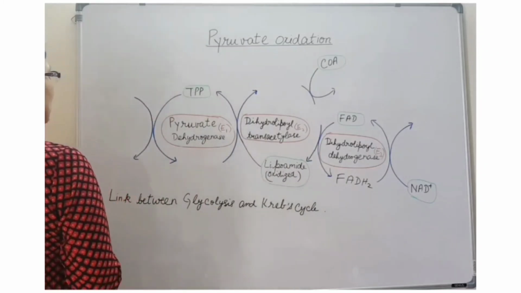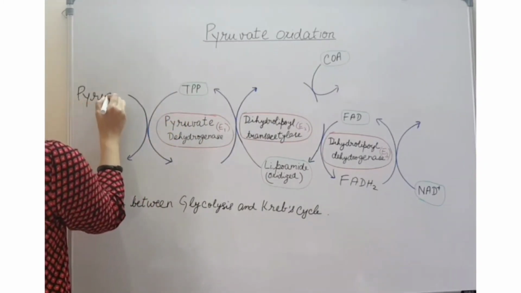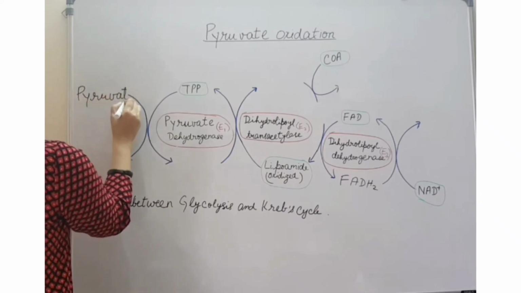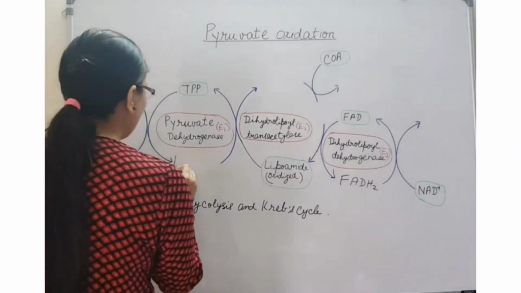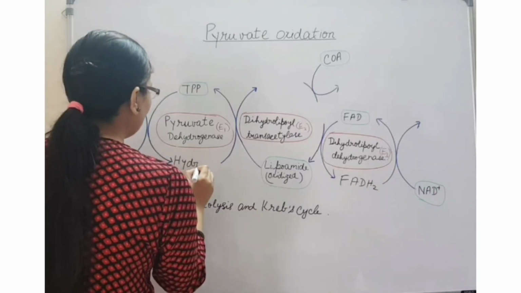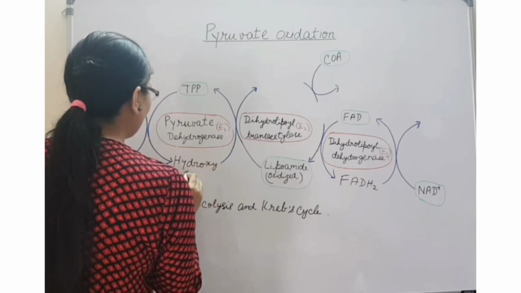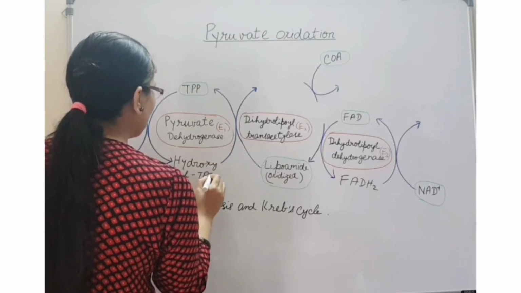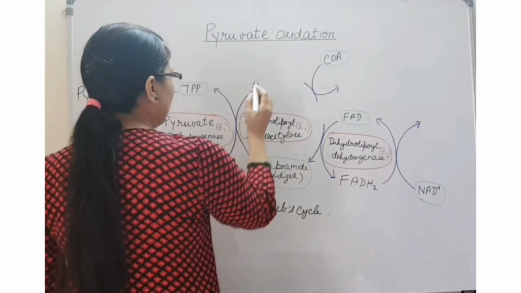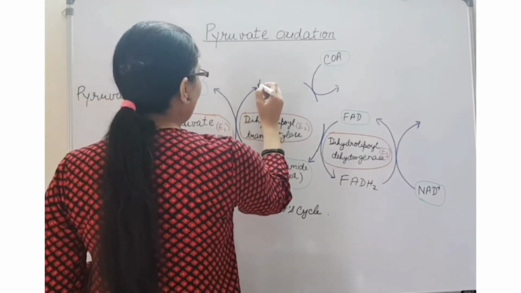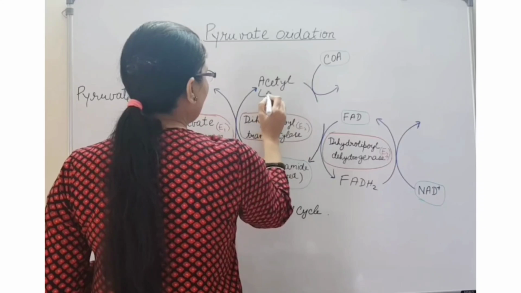Pyruvate dehydrogenase along with TPP catalyzes the decarboxylation of pyruvate, CO2 is released and hydroxyethyl thiamine pyrophosphate is formed. Dihydrolipoyl transacetylase then converts hydroxyethyl thiamine pyrophosphate to acetyl lipoamide.